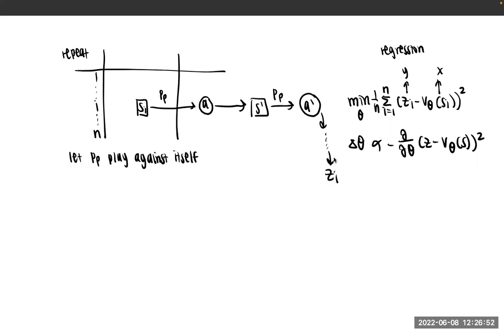But if you get close to the end, then you don't have many possible trajectories. So you can be more certain about this Z_i. This is also a rationale for search, which means you look ahead, you play out the actions, so that even though you may not get to the very end to get the Z_i, you may still get this V theta, and the V theta closer to the end may give you a more accurate estimate for this Z_i.